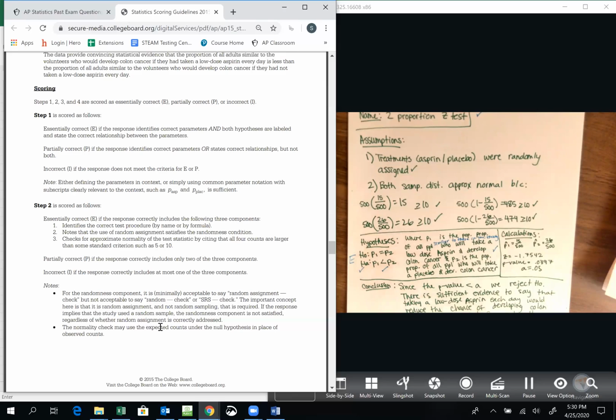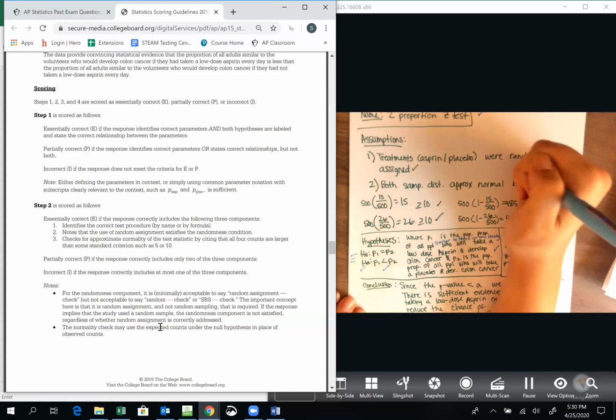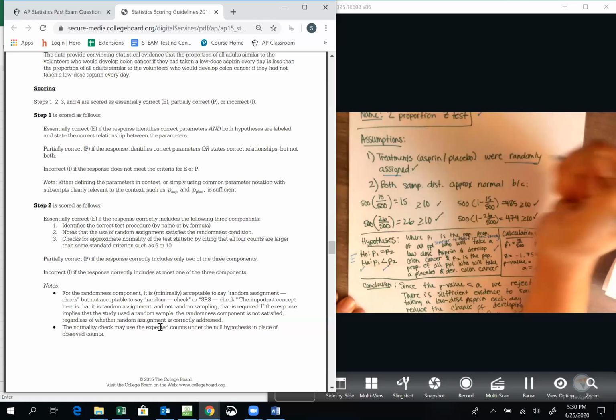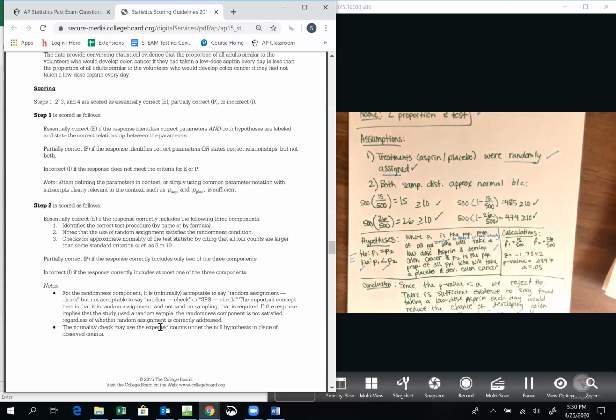Note that the use of random assignment satisfies the randomness condition. So treatments were randomly assigned. You should not have said people were randomly selected for the study because they weren't. These were volunteers. So treatments were randomly assigned. I assume they were volunteers.